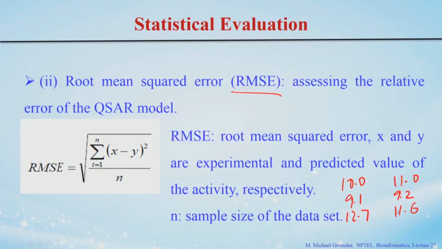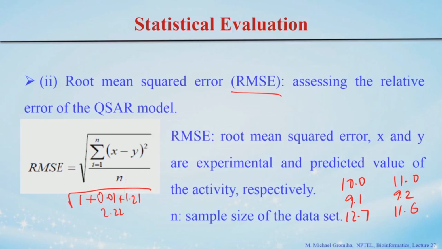So, how to get this root mean square deviation? Calculate the error for the first one. This is 10 minus 9, which is 1, squared is 1, plus the second one is 0.1, so 0.01, the third one 1.1, so 1.21.